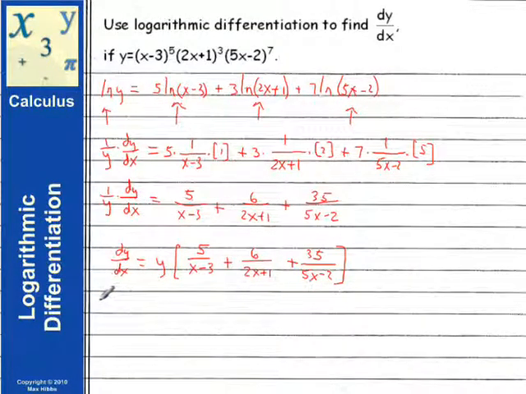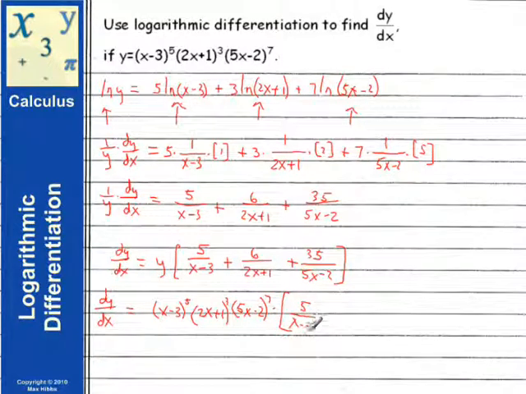So we have dy dx is equal to x minus 3 to the power 5 times 2x plus 1 to the power 3 times 5x minus 2 to the power 7 times this sum of fractions, 5 over x minus 3 plus 6 over 2x plus 1 plus 35 over 5x minus 2.